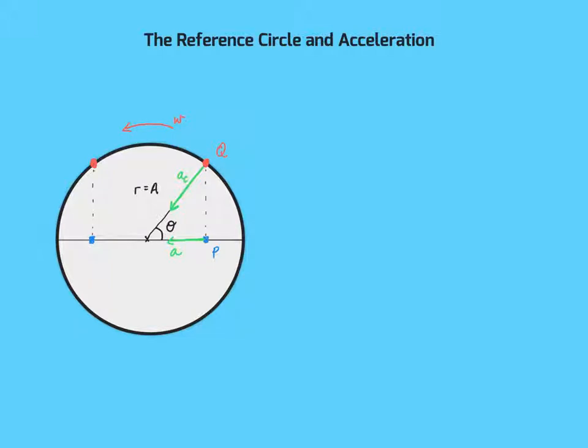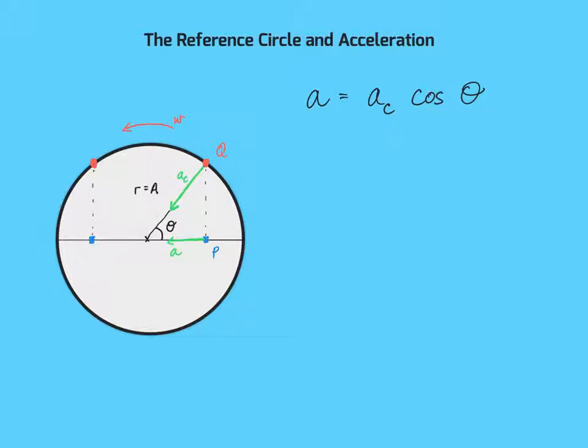So what we can say here then is that acceleration, and this is the acceleration of P now, is just going to be equal to centripetal acceleration times the cosine of our angle theta in this reference circle. So we're going to have cosine of theta.